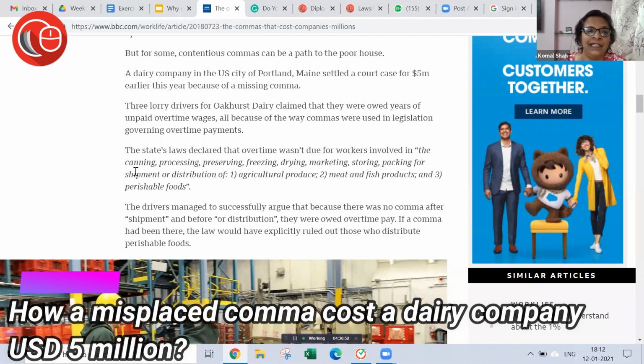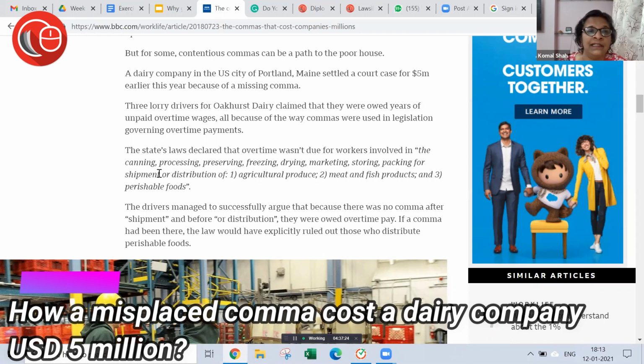If a comma had been there, then the law would have explicitly ruled out those who distribute perishable goods. But that is not the case. So the way it is read is that shipment or distribution is read together, and it's not read as separate things, which is why the people who were in the distributing work got overtime to the extent of US $5 million.